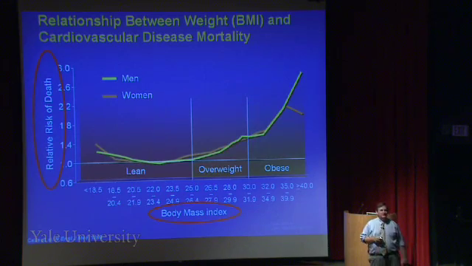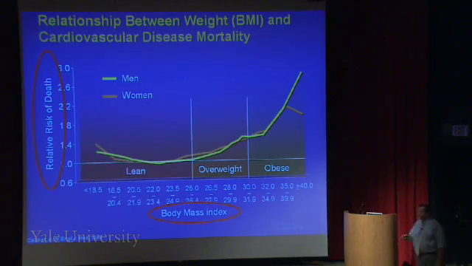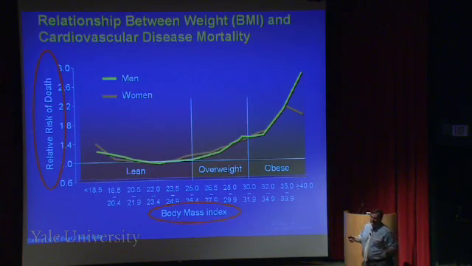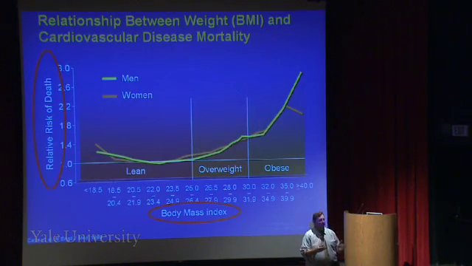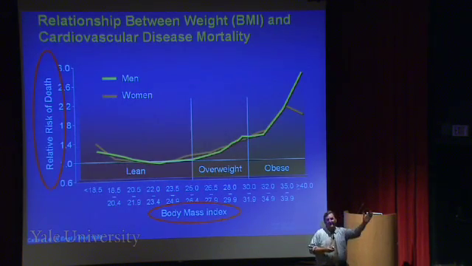Relative risk of death is an interesting concept from public health. When you use relative risk, you take some group of the population and you establish their risk as 1. You just say, arbitrarily, that this group, the reference group, let's say the group with the lowest weights or the lowest cholesterol or anything, their risk is 1, and then you look to see how everybody else's risk compares to that.